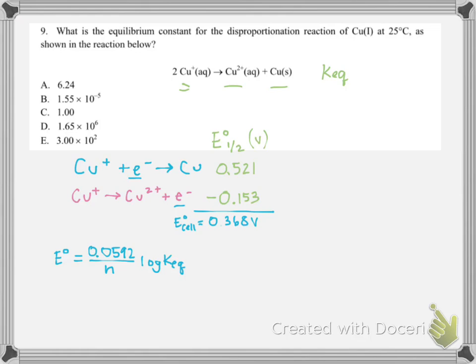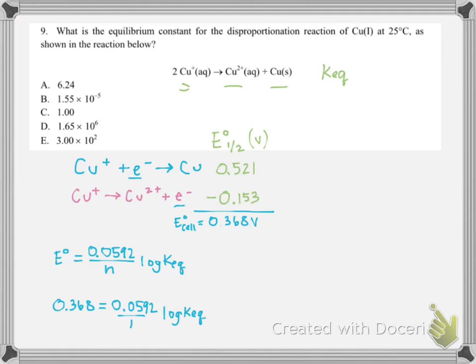So then we can say that 0.368 volts is equal to 0.0592 divided by 1 times the log of KEQ.